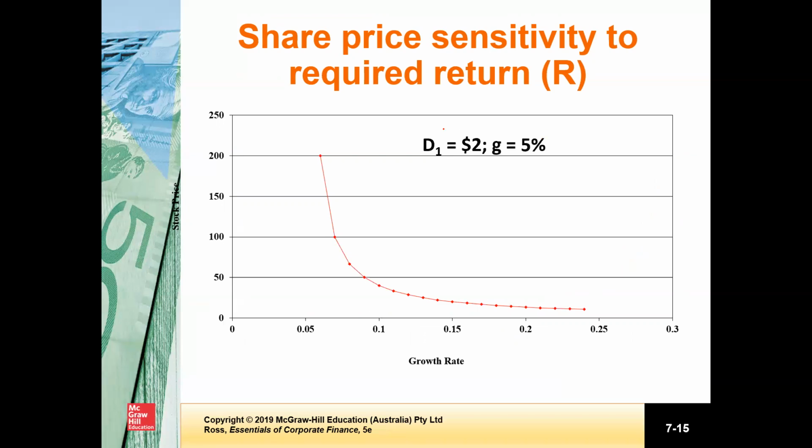So once again, when the next period dividend is $2 and the growth rate is 5%, as your required rate of return increases, share price decreases. That means to earn a higher return, you must be able to buy this share at a relatively lower price. The higher the price you buy, the lower your return should be, and the lower the price you buy, the higher your rate of return.